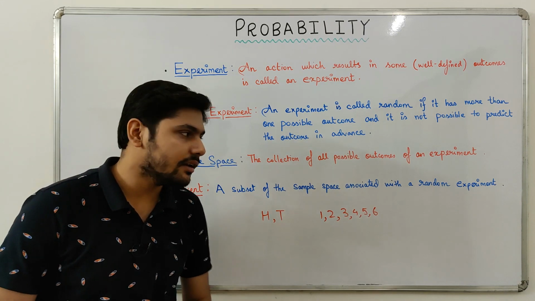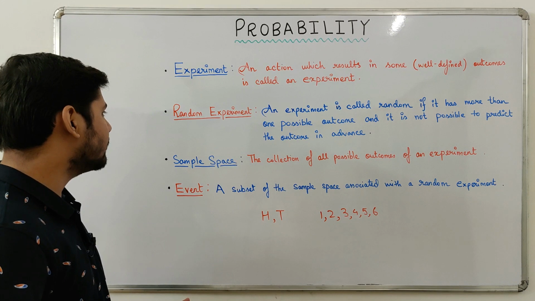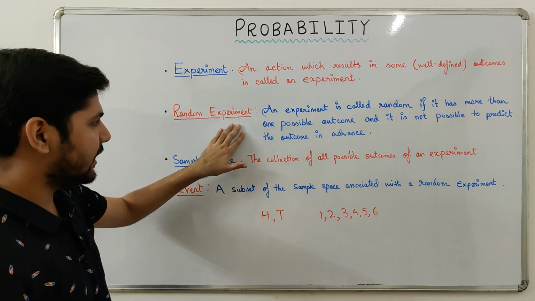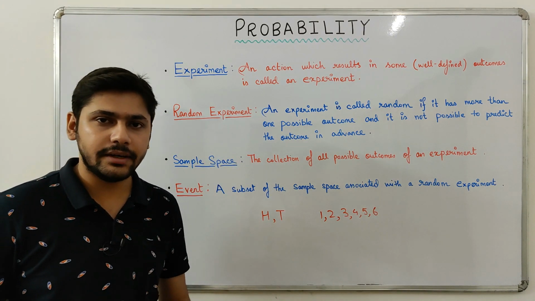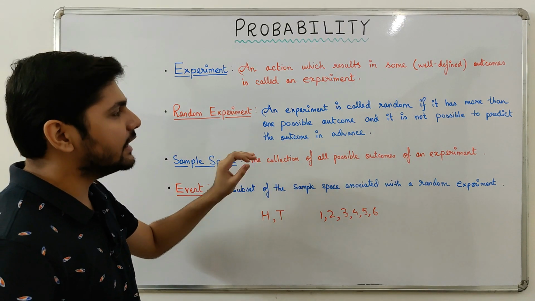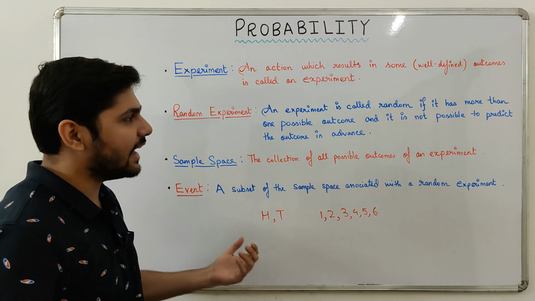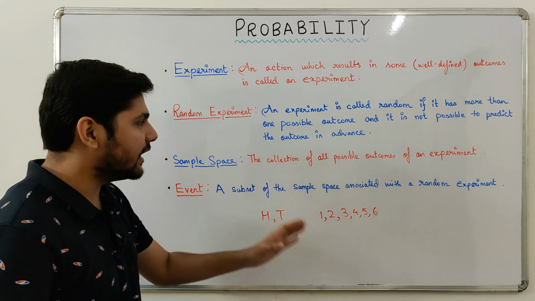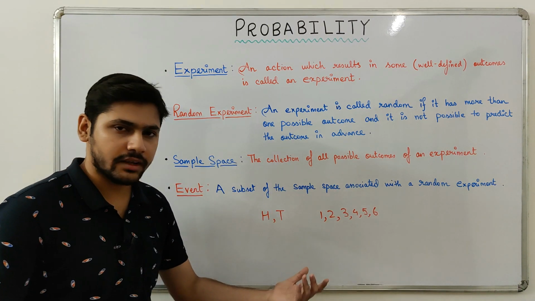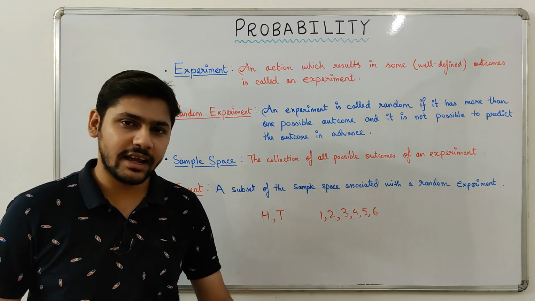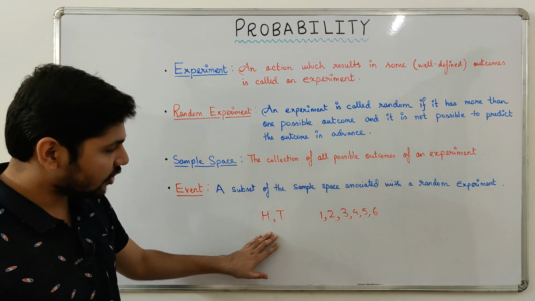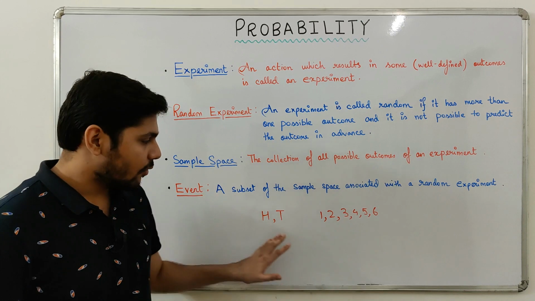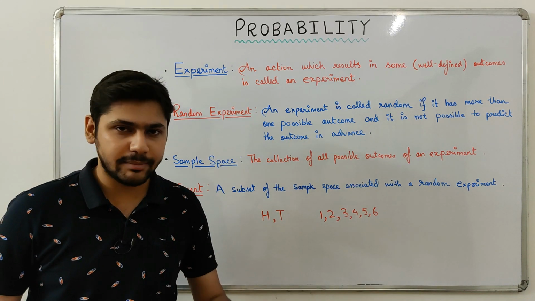Simple. Moving on to the next fact, we have random experiment. So what is a random experiment? An experiment is called random if it has more than one possible outcome and it is not possible to predict the outcome in advance. So the examples that I have mentioned already, tossing of a coin and throwing of a dice, both of them are random experiments.